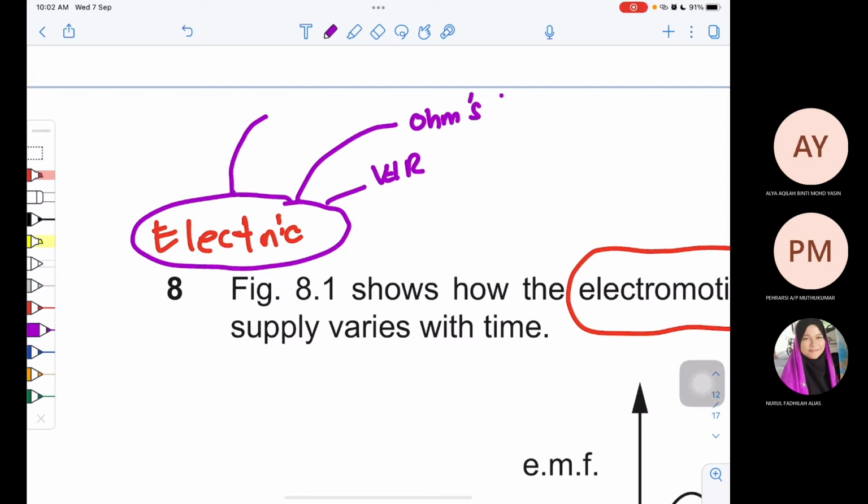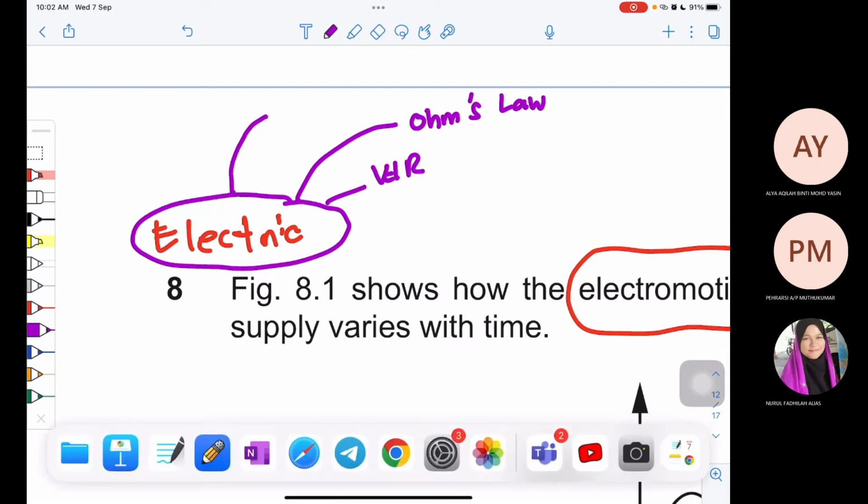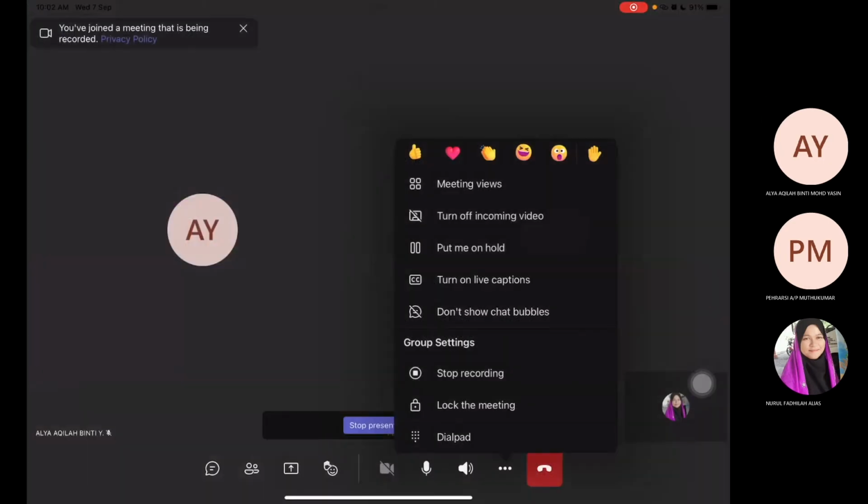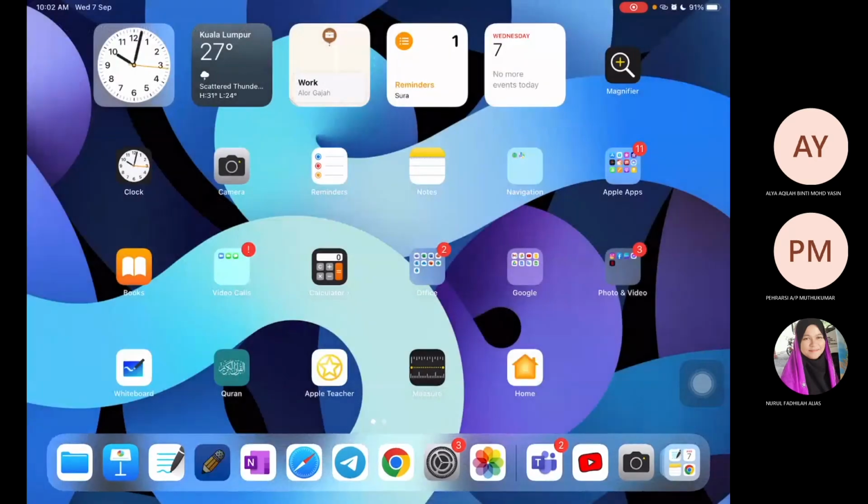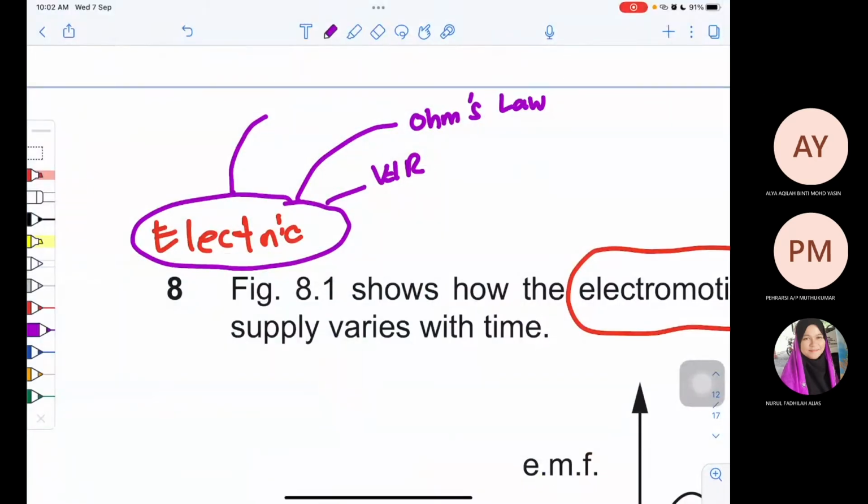Walaupun kita tak mention the word Ohm's law, tapi kita dah guna tadi Ohm's law. Okay, and then kita ada masuk apa lagi? Tentang, okay, sekarang dah EMF. Okay, and then tadi kita masuk elektronik.